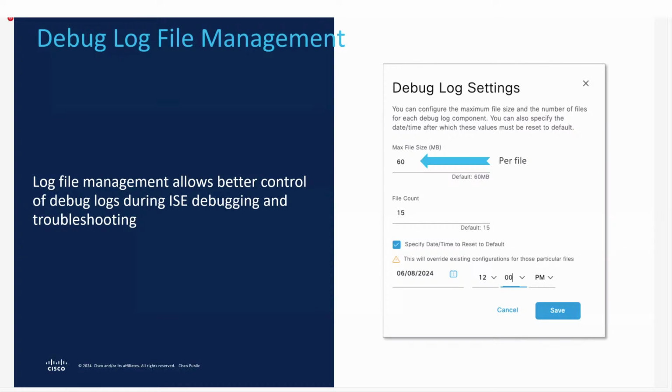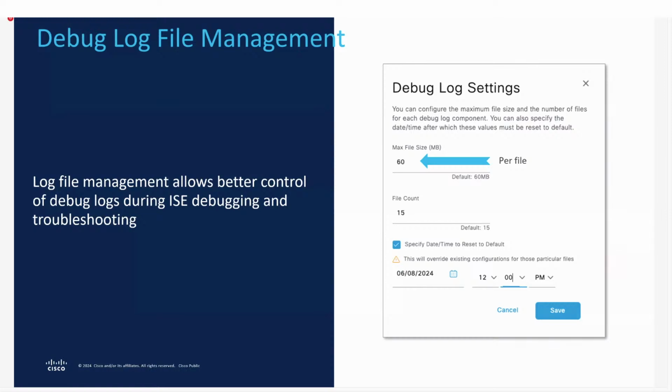So another feature that we have is we can change our file size limits and our resets for our debug log. So if you're doing any debugging and you need your log files to be larger than what ISE is currently set at, you can now override the default settings and put in whatever size you want for your debug logs.